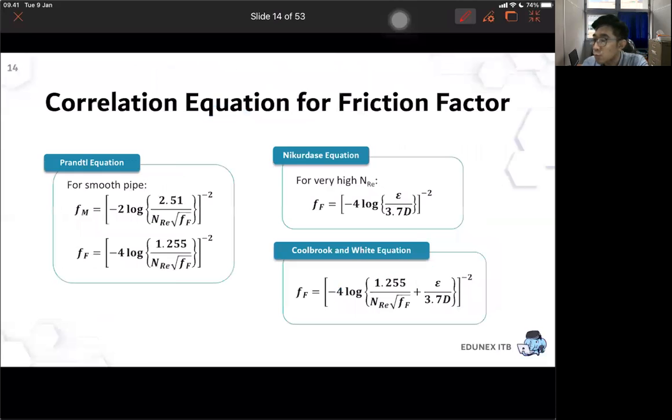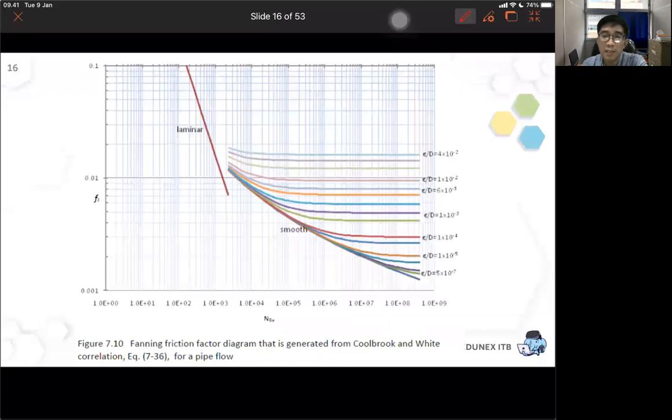So for the turbulent calculation, you can use this empirical equation, but for a simplified method, you can use the graph. Before you use the graph, I'll remind you again, just check whether the graph is for the Fanning or the Moody friction factor.